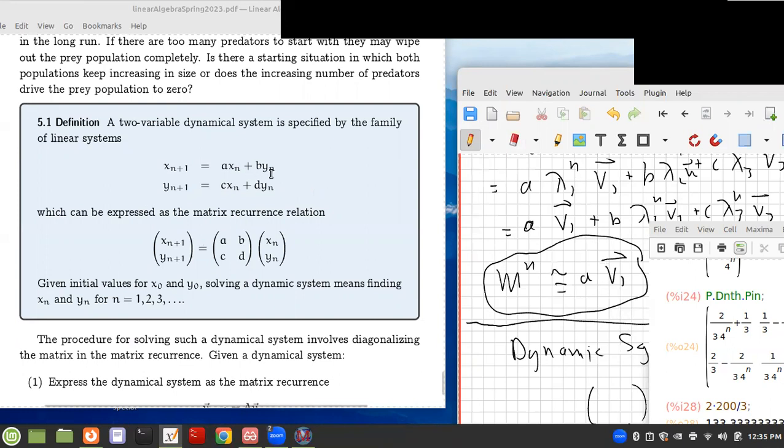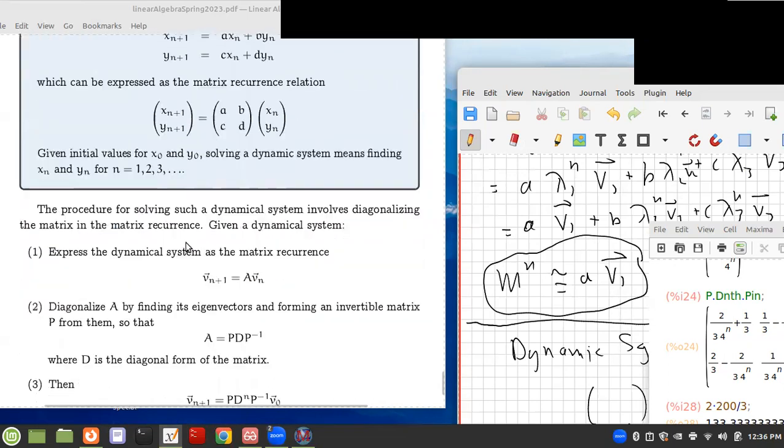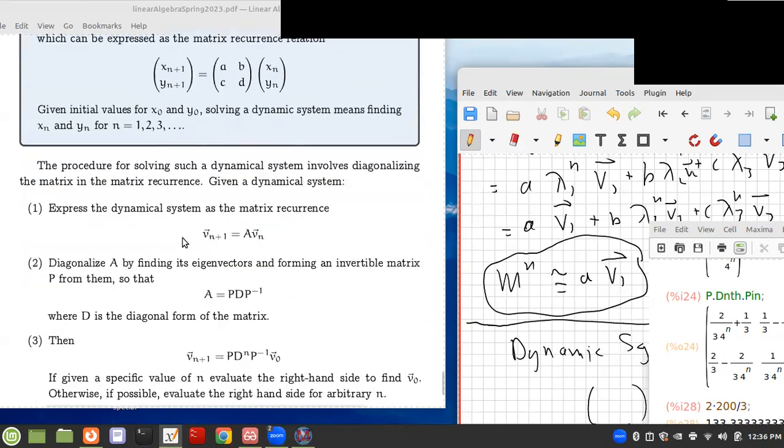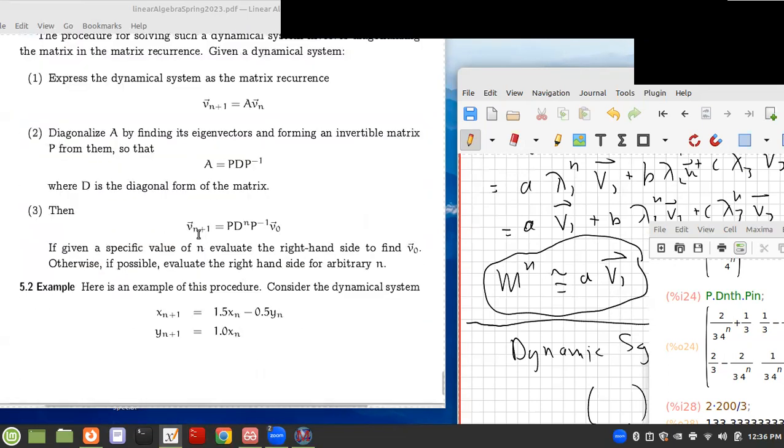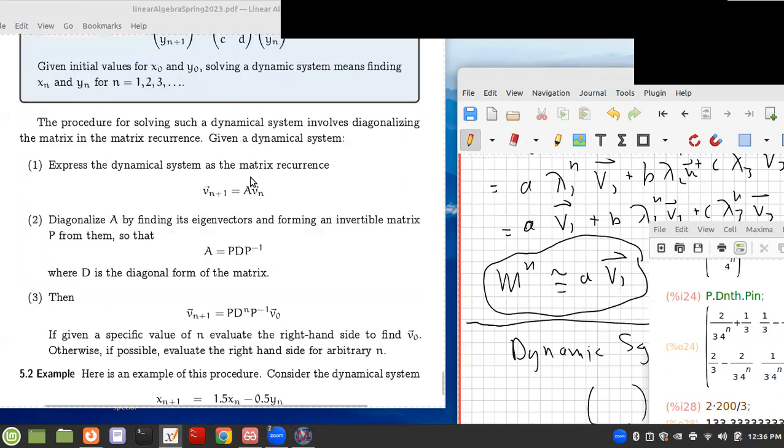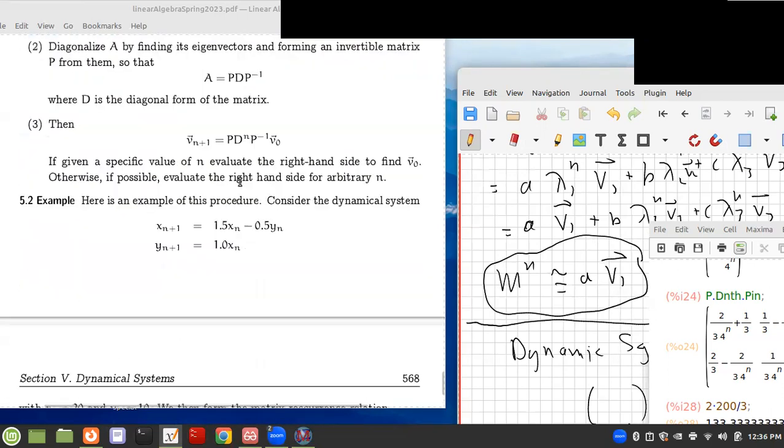And you can see that this is a recurrence relation in which xn, yn is mapped by this matrix to the next state. And again, you can see that the state at n is P D to the n P inverse v naught, where A is the matrix that's transporting you.